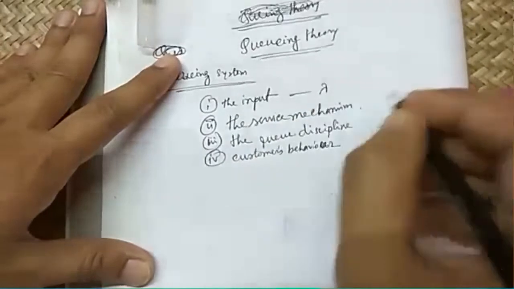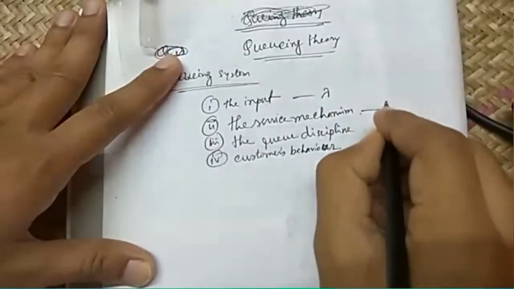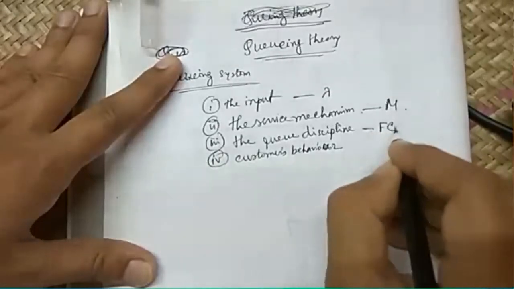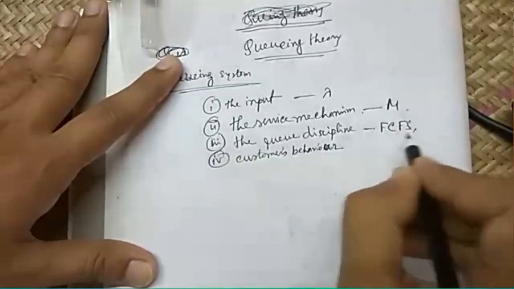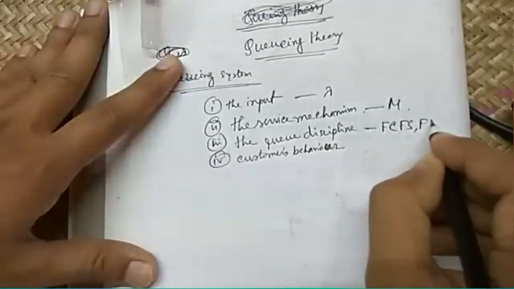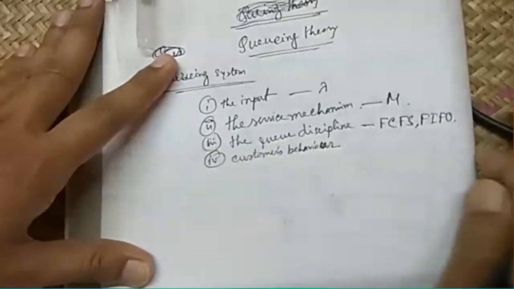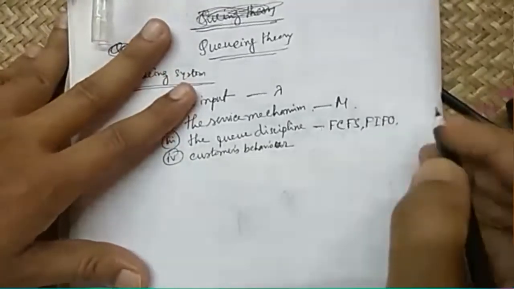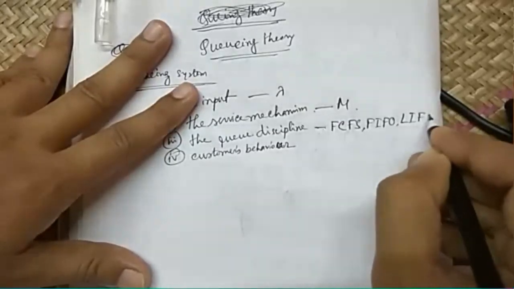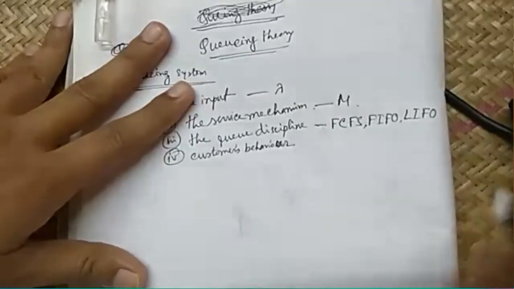Input is lambda. This is mu. This first come first served is denoted as FCFS. First in first out is FIFO. There is last in first out, which is LIFO.